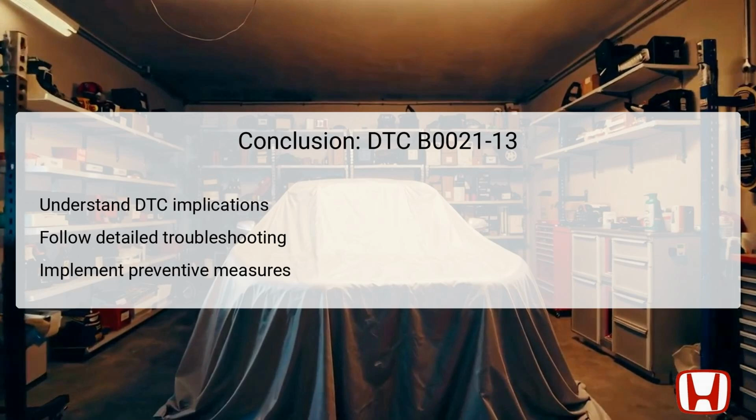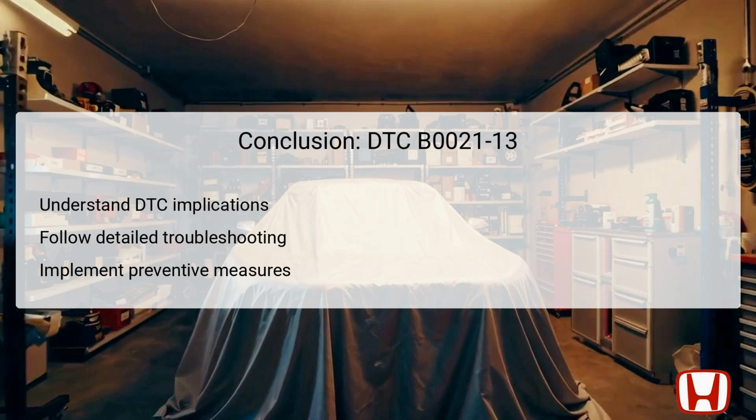In conclusion, DTC B0021-13 highlights critical information regarding the left side curtain airbag's performance in the Honda Accord. Understanding the implications of such DTCs is important for vehicle safety and operational integrity. The careful step-by-step troubleshooting process addresses potential failures that could otherwise compromise airbag functionality.